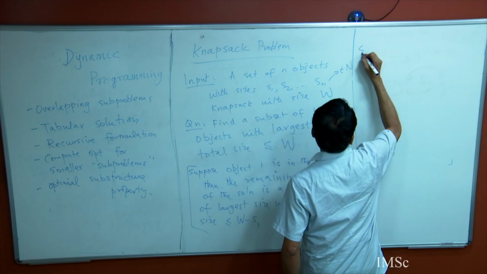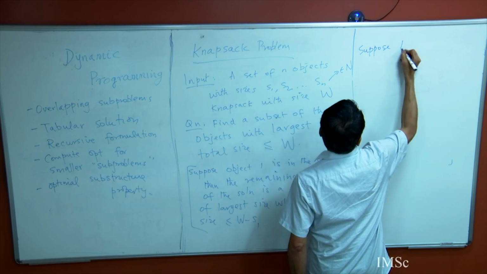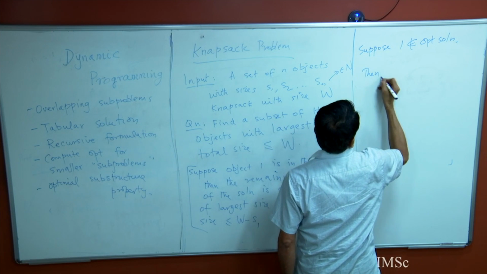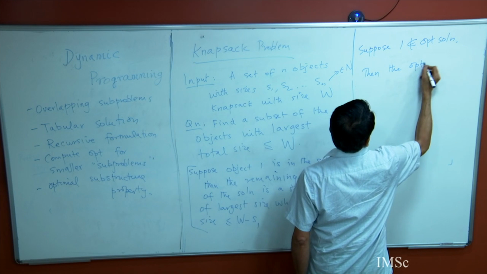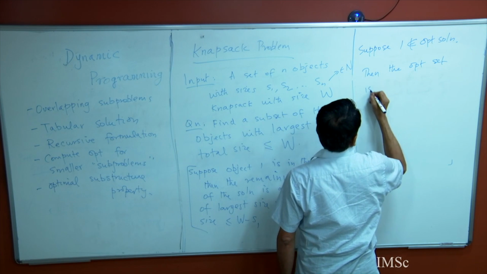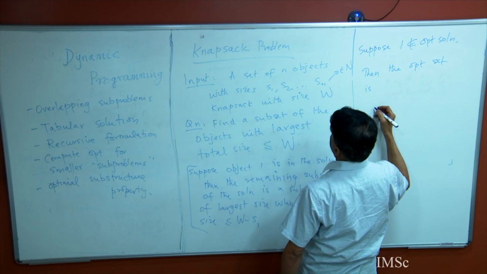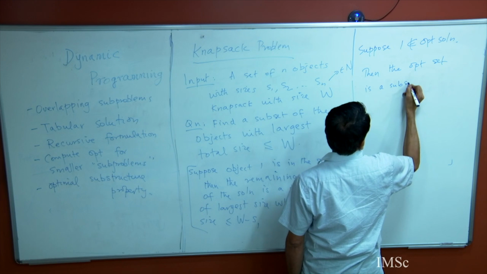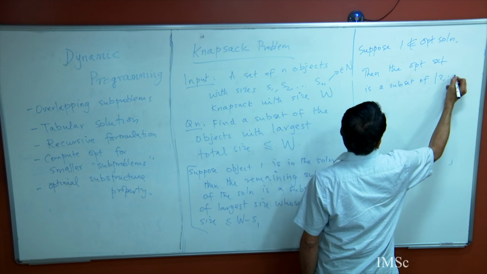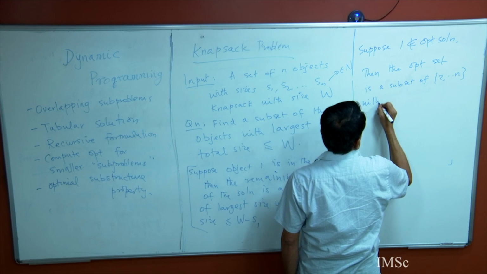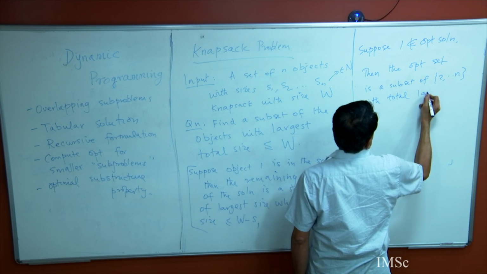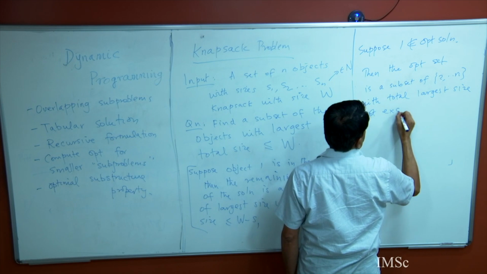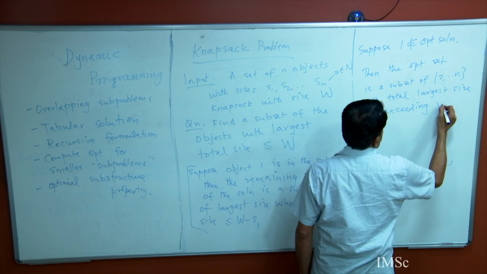So suppose 1 is not in the optimum solution, then the opt set is a subset of objects 2 to n, with total largest size not exceeding W. Right?